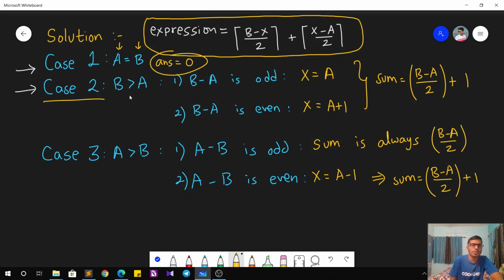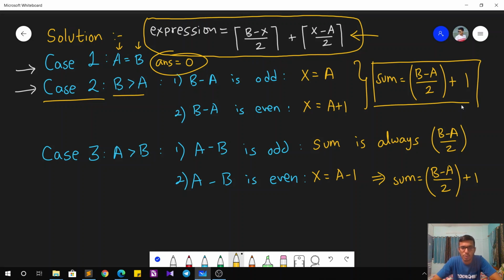Coming to case 2, where b is greater than a. If you simplify this expression, it comes out to be (b minus a) divided by 2 plus 1. So how to get this value? It can be easily shown that this value is always attainable. When b minus a is odd, you can put the value of x as a and you get this sum.